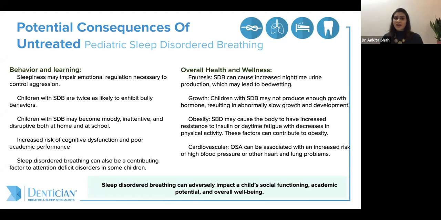Again, childhood obesity has been a long-standing problem now. And again, not moving into deep sleep is going to cause increased resistance to insulin, and this is going to increase childhood obesity. Now, these children also have a very high tendency to develop high blood pressure, other cardiovascular diseases, diabetes, and thyroid problems in their adulthood.